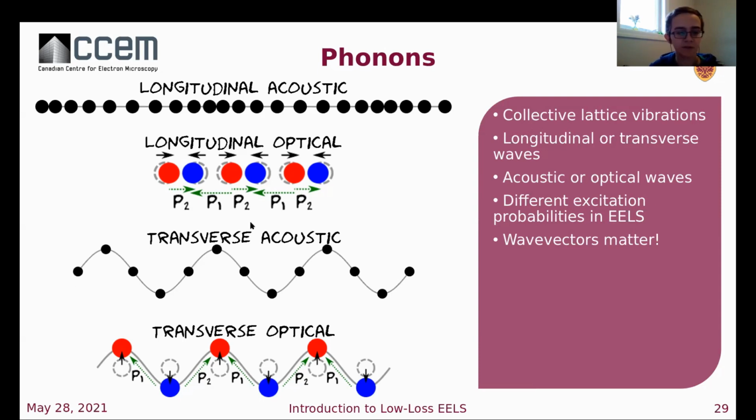They can also be optical or acoustic, where the acoustic phonons have no net dipole moment. The optical phonons support a net dipole moment, and so can couple to light, which is, I think, why they're called optical phonons.